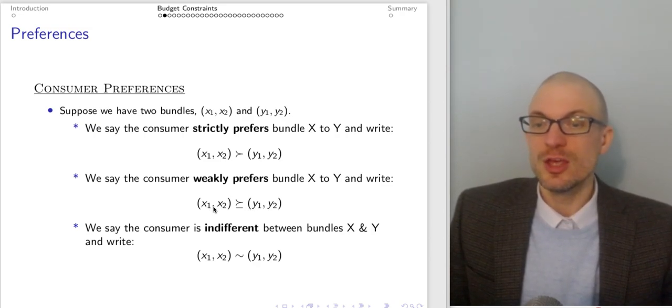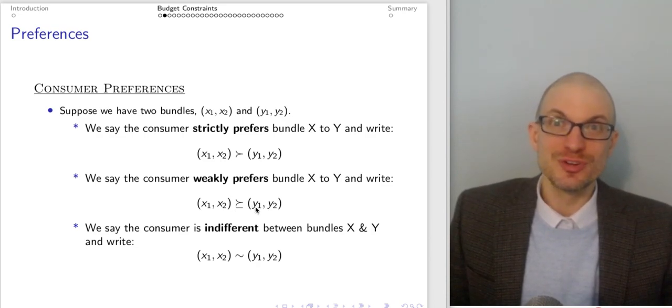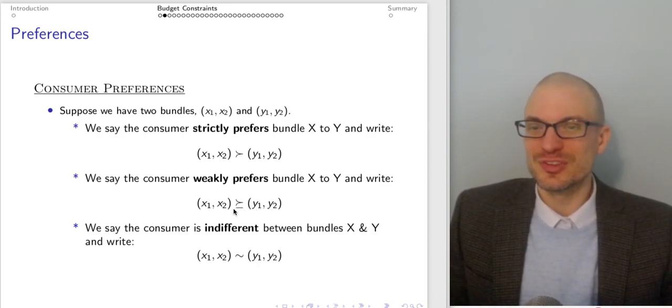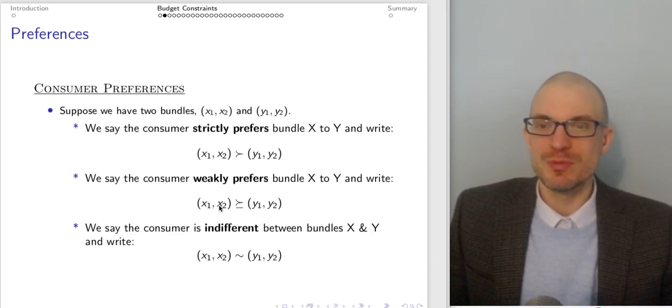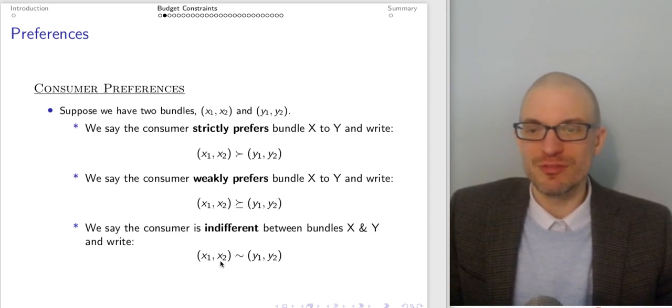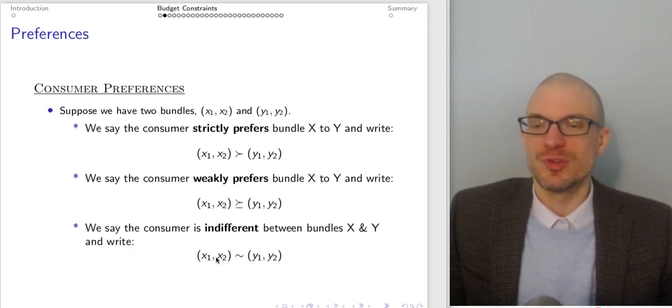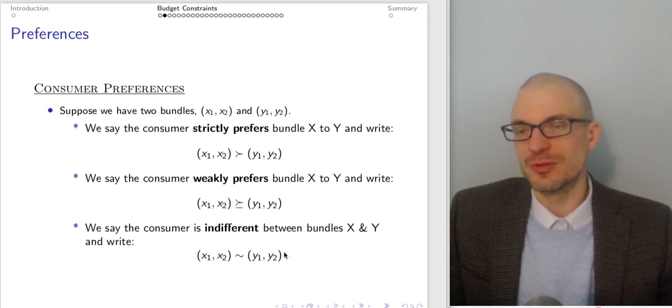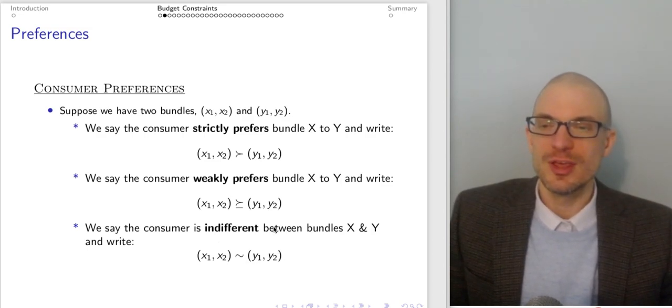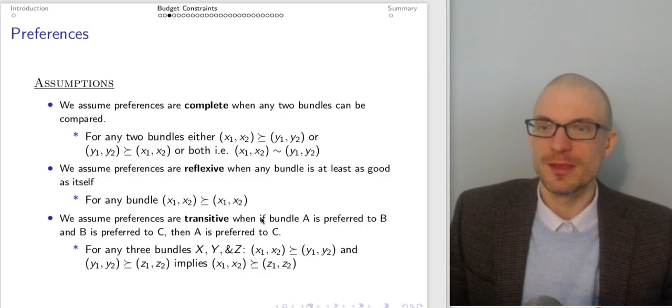So this would be like 2 is greater than or equal to 2. This weak preference admits of also indifference between bundle X and Y. Indifference is if the consumer doesn't care about the difference between bundle X and bundle Y. They're going to be equivalent in terms of the consumer's preference.